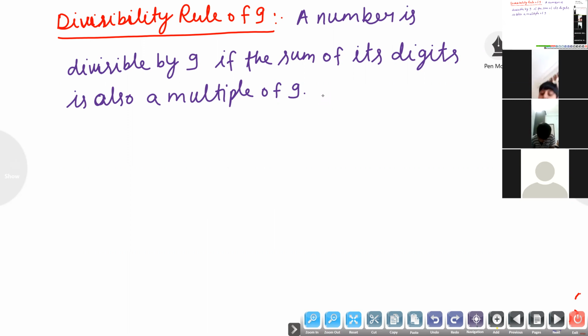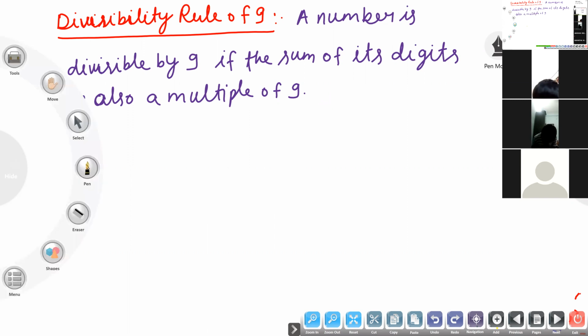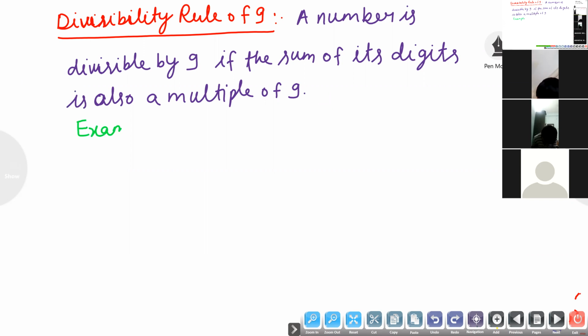Example. Suppose first example I am writing, students: 29,323. Listen carefully, everyone. How to check 29,323 is divisible by 9 or not?